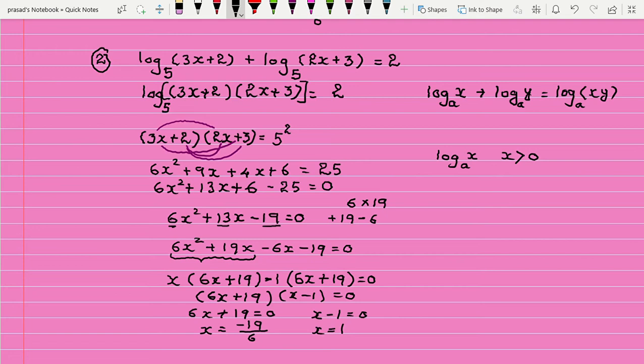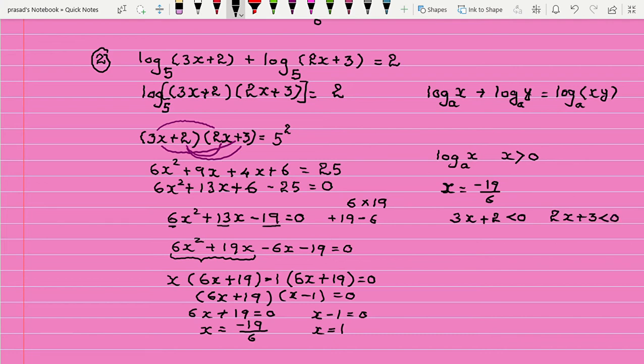Log is not defined for negative numbers, and hence if you take x as minus 19 upon 6, then you can see here when x is minus 19 upon 6, 3x plus 2 will be negative, as well as 2x plus 3 is negative.